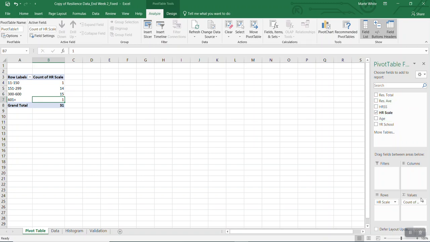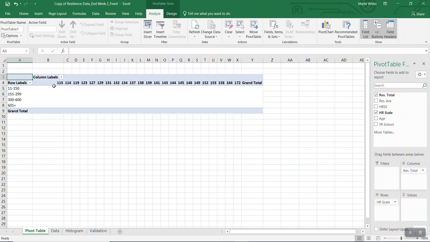So let's get rid of this one and let's take the resiliency total, put that into a column. Now I have the resiliency column and I want to then find how many people fell into these categories. So these numbers, you're going, what are those? These are the scores.